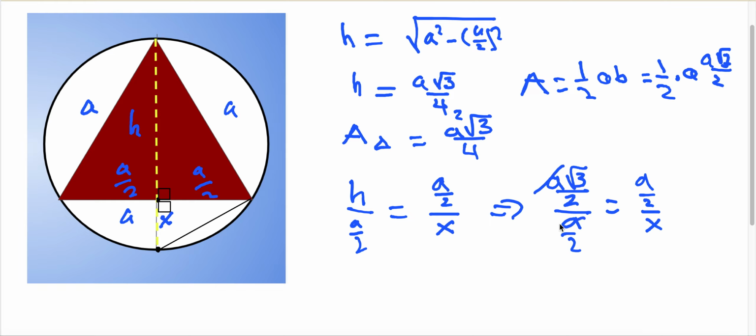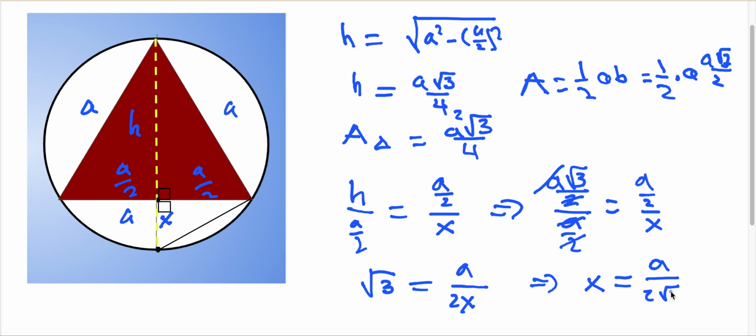If we are simplifying those, on this side there remains just the square root of 3. On the other side, multiplying inside with the inside, it's going to be a divided by 2x. If we are replacing the position of the square root of 3 with the x, then x is equal to a divided by 2 times square root of 3.